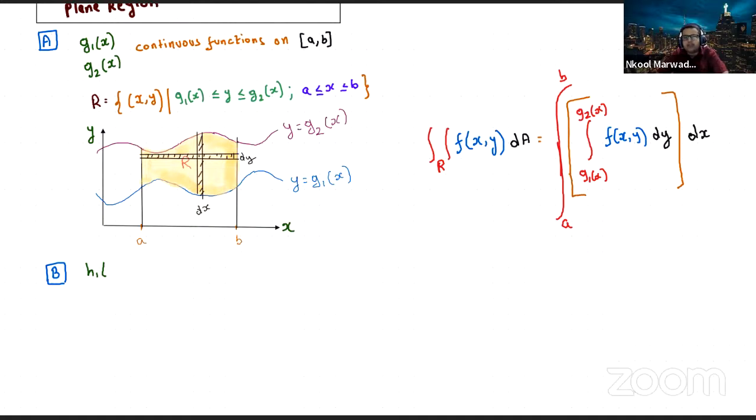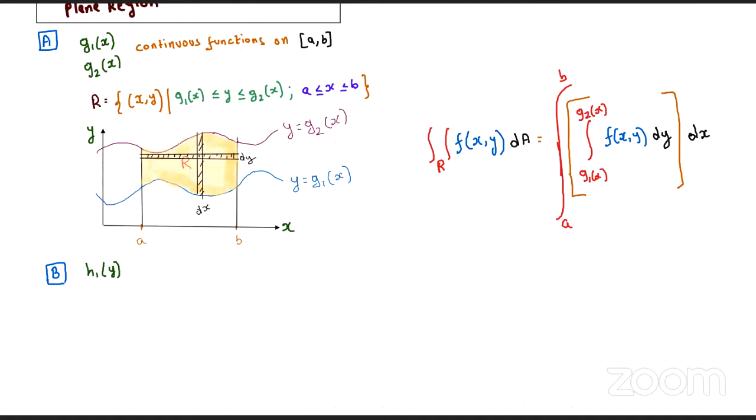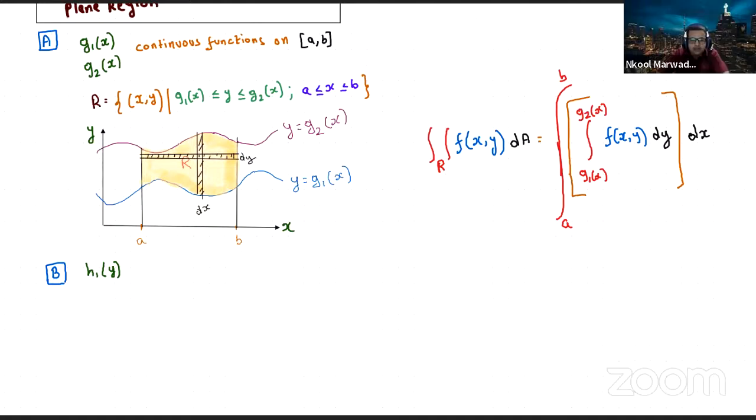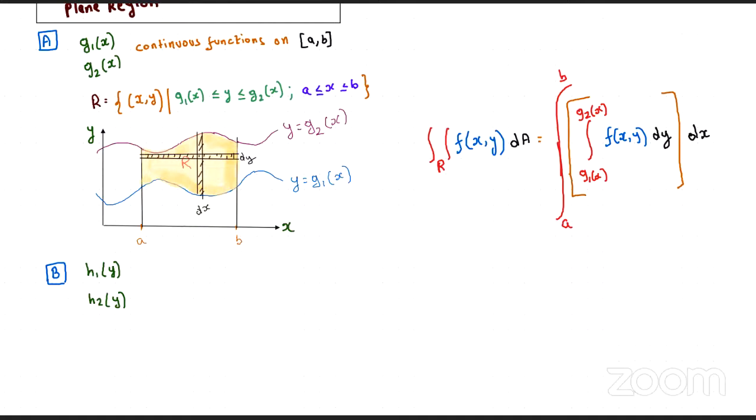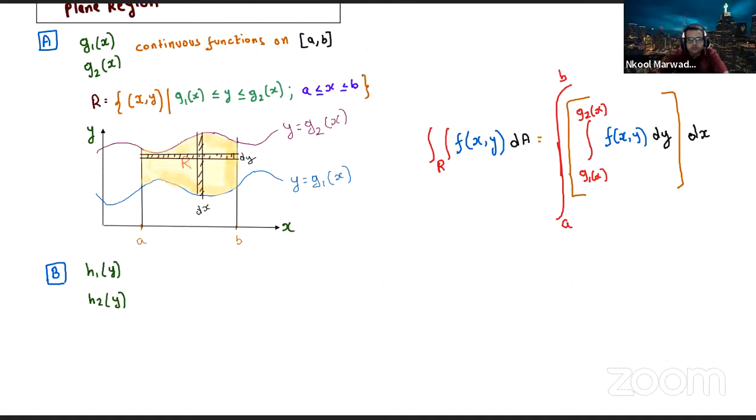Now, if y is independent, like h1(y), h2(y), I have a function of y, not x. So I have two functions, h1 and h2, which are functions of y, and both of these functions are continuous on an interval, c comma d, for example.